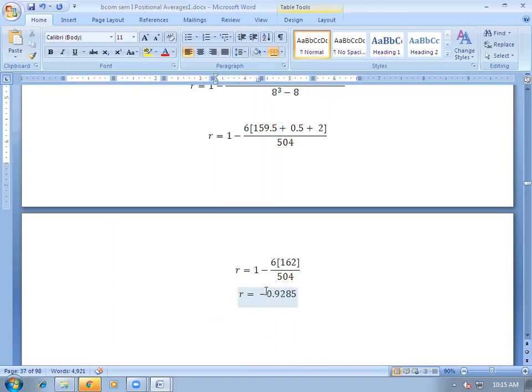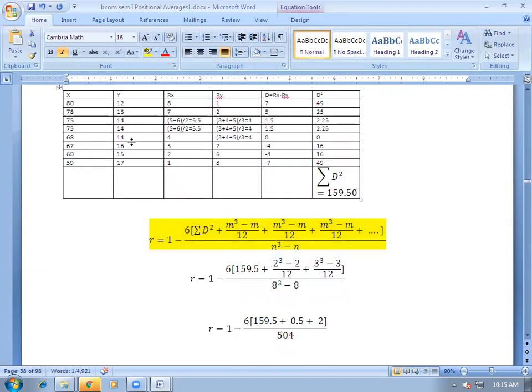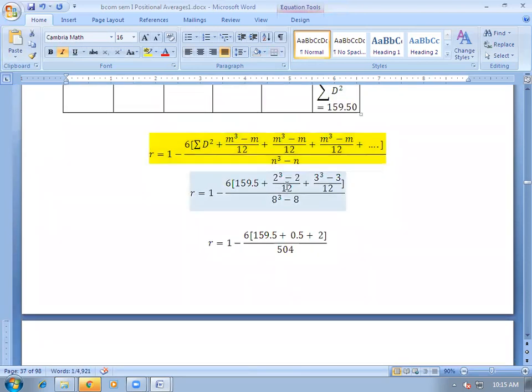It is 0.92, but the sign assigned is negative, which shows that there is a negative relationship between X and Y series. This is all about the Spearman rank correlation method. These are simple examples related to solving correlation coefficient with the help of the Spearman rank correlation method.